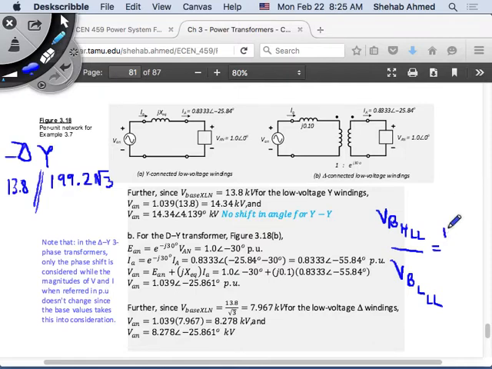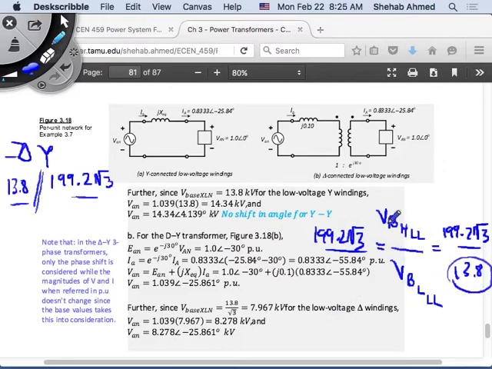So 199.2 square root of 3 over 13.8. I already know that this is 199.2 square root of 3. This is my base on the high voltage side. The ratio of my bases should equal the ratio of my terminal voltages. These are my terminal voltages, so they are going to be equal to the ratio of my bases. So from there, what is my base line-to-line voltage on the low voltage side?